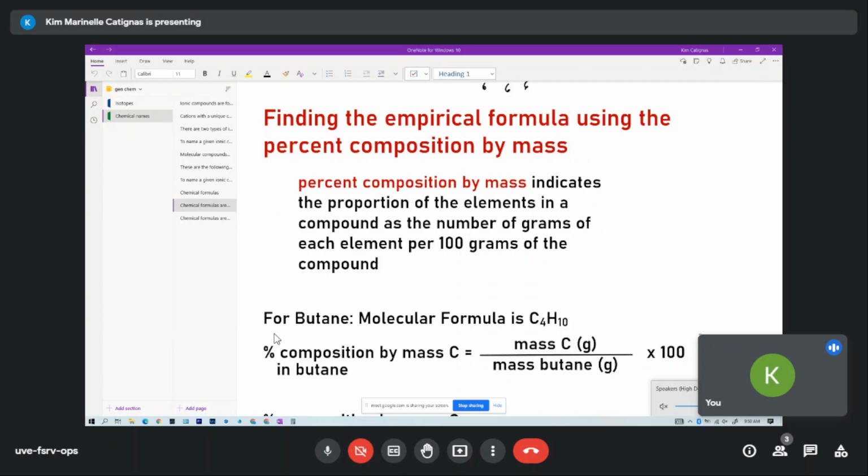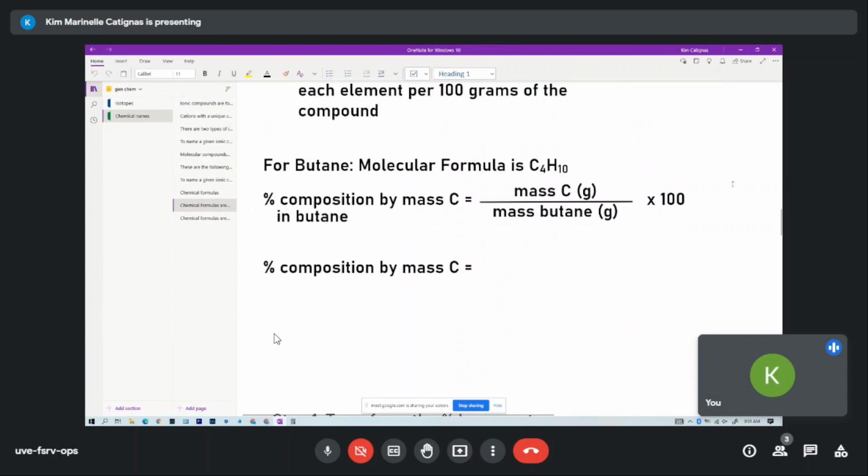Okay? So, for example, for butane, ang molecular formula po niya is C4H10. And then, to find the percent composition by mass ng carbon sa isang molecule ng butane, we are going to find dapat kung ilang atoms meron ng carbon.